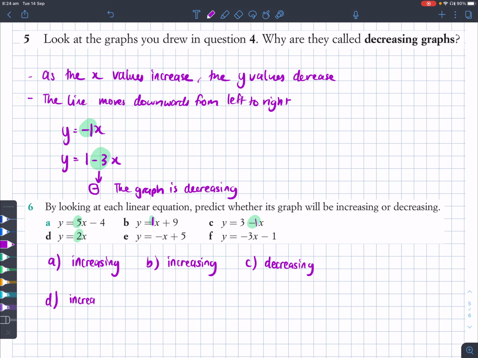So we say it's increasing. For E, the number before the x, again, is a -1. So this will be decreasing. F, our number before the x is a negative number, and that means it's decreasing.